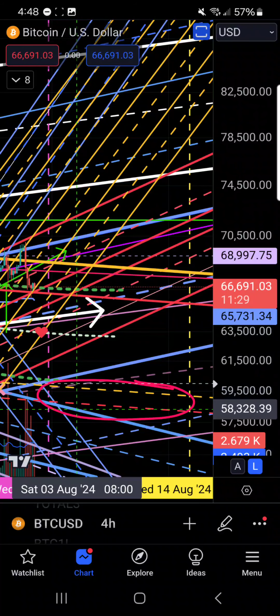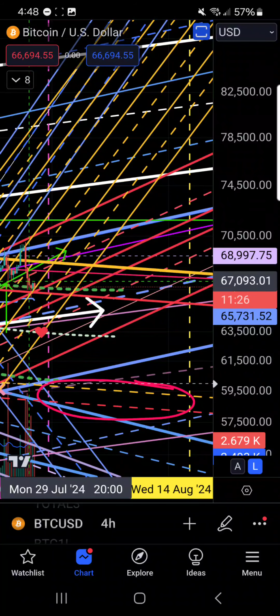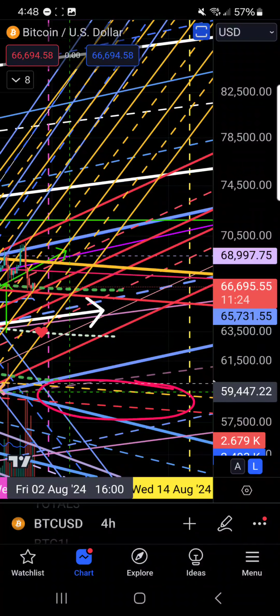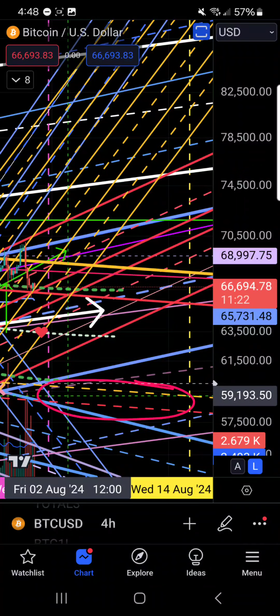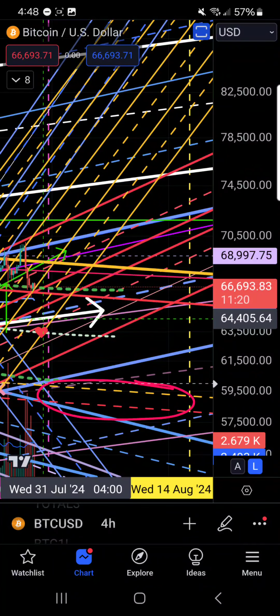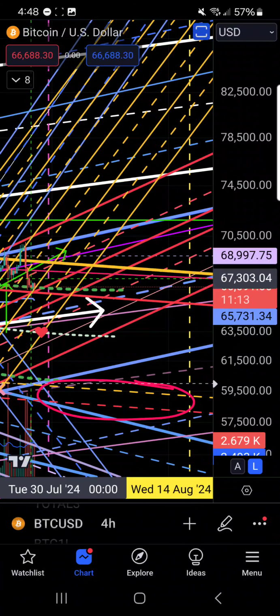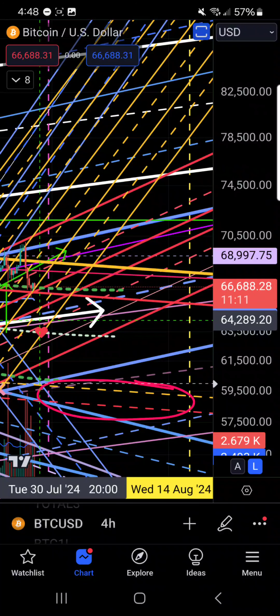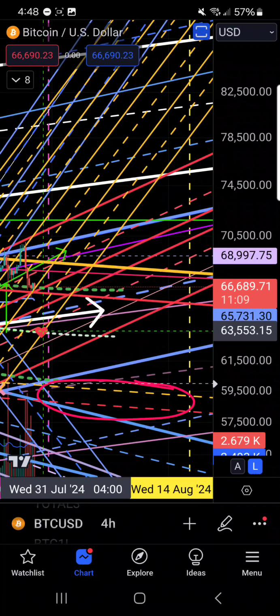So the bears are going to try as hard as they can to get down and close this gap. Can they do it? I don't know. Before the FOMC meeting in 2 days, or day and a half, I believe we can get down to this red heart. And that may be as far as we get, down to about 63.5.